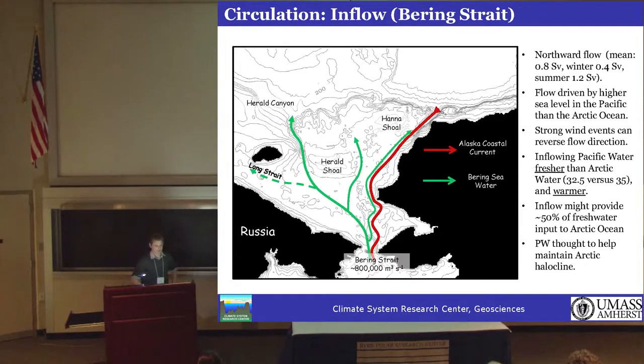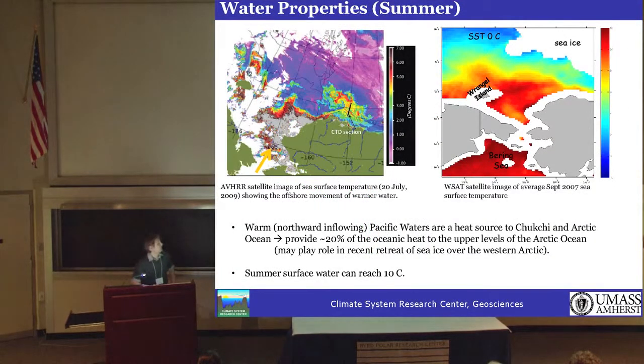Let's look at the physical water properties in this region. It gets quite warm compared to the rest of the Arctic, especially in the summer. That's because the Chukchi Sea, unlike the rest of the Arctic, essentially looks like the northern Pacific, because everything is coming northwards through there.